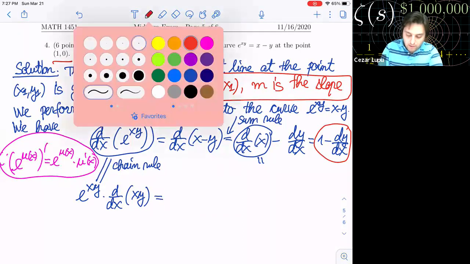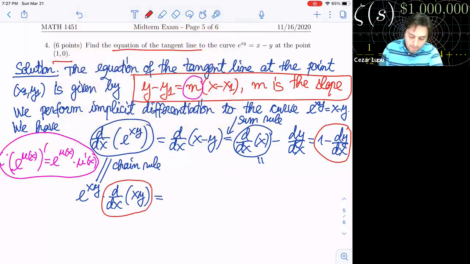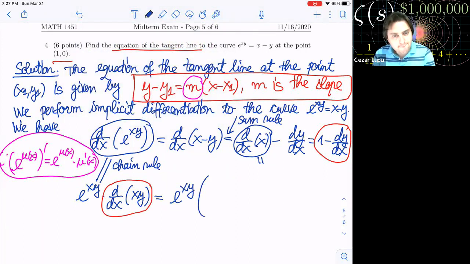So this would be equal to, and now for this guy, what are we going to use? Can you tell me? This is e to the power xy times, and now let's see, what do we do here? What are we going to do there?